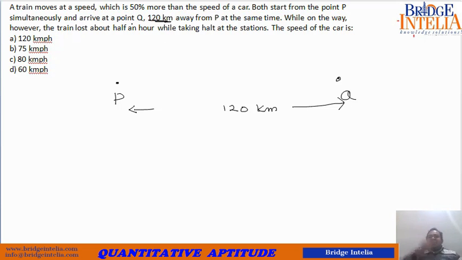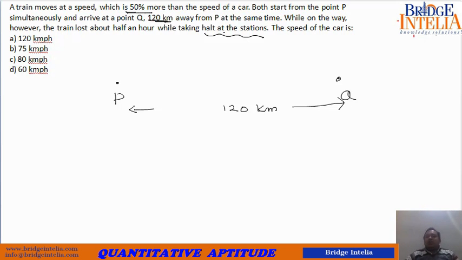If they start together and reach together, it means their speed must be same. But in the question it is given that train moves at 50% more speed. So why is this happening? This is happening because the train has to stop. The train is taking halt, whereas the car is traveling non-stop.